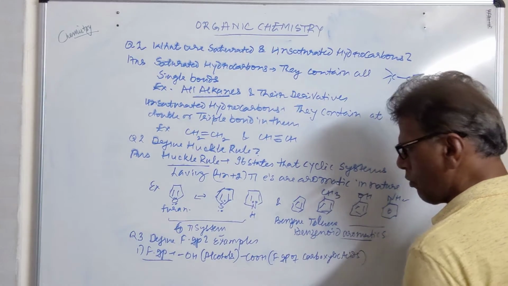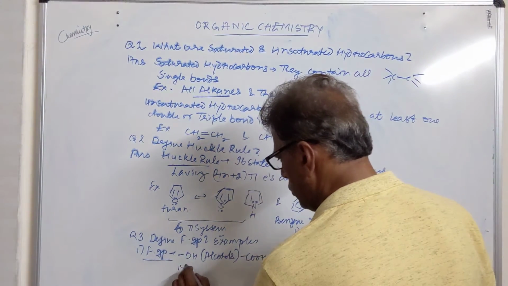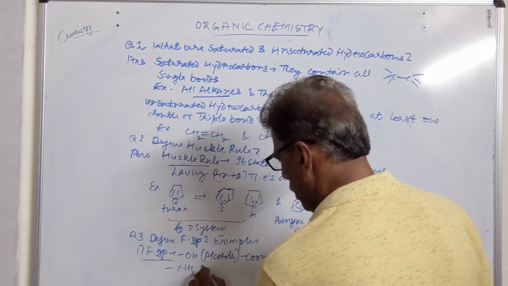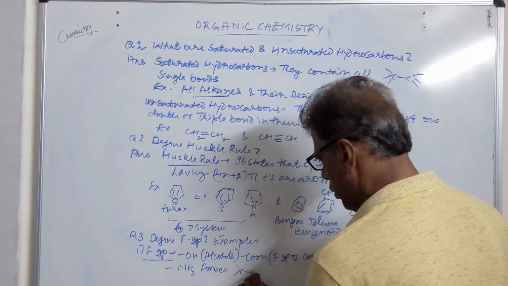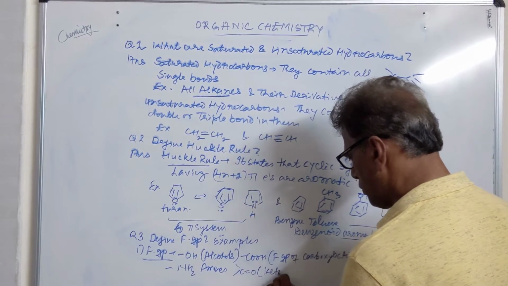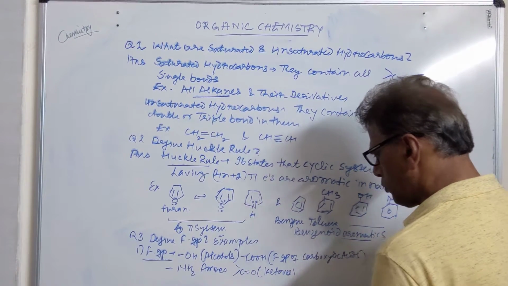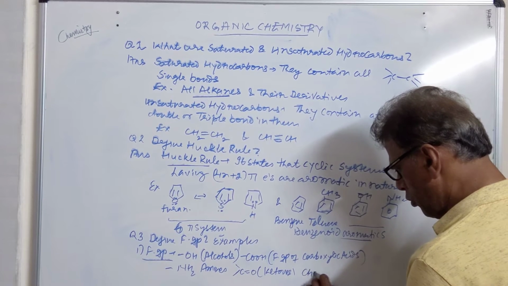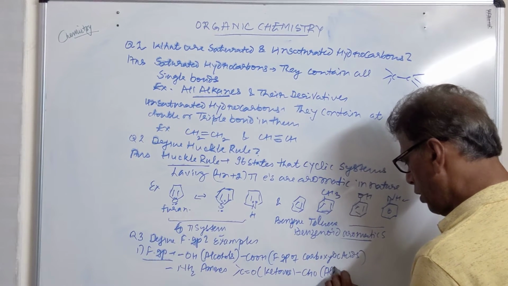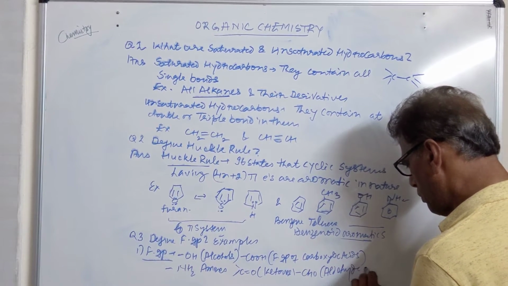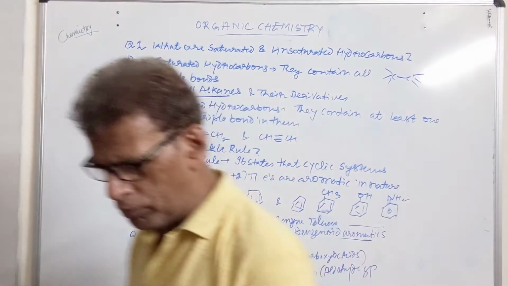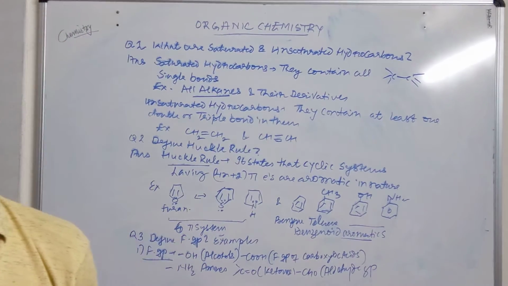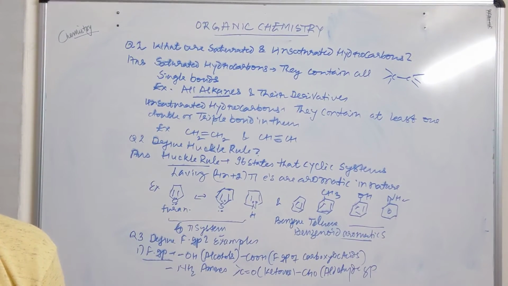Then we have NH2, amines, ketonic group, CHO group, it is aldehyde group. So these are all called functional groups. They are responsible for the properties of the compound.